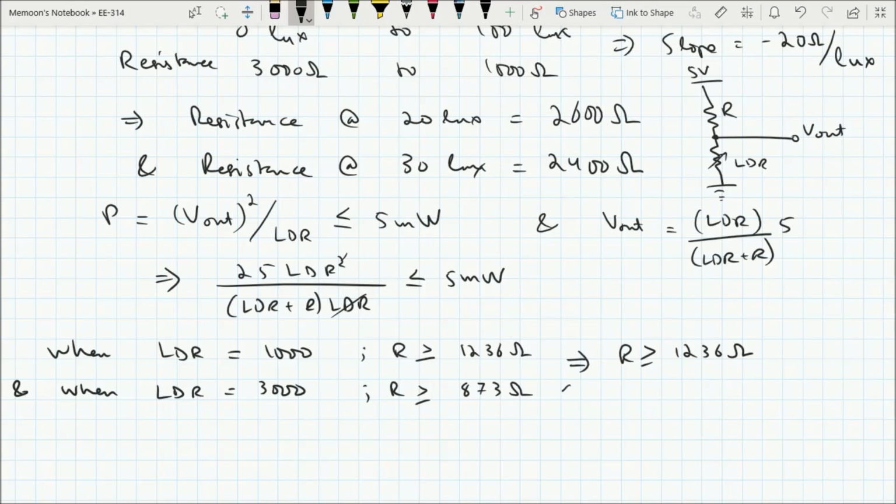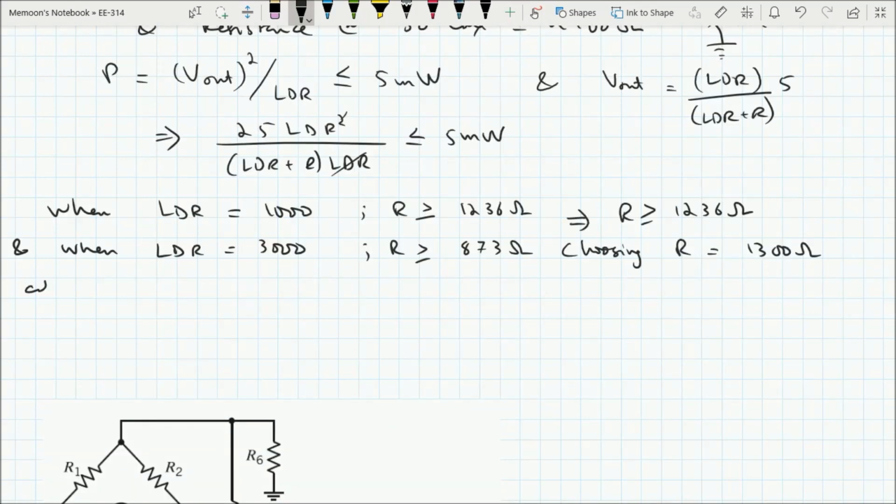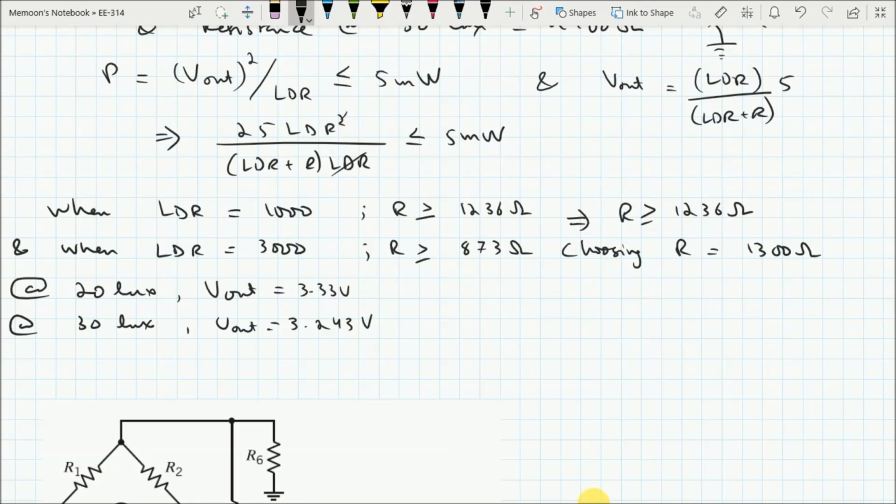So this means that we have to choose a fixed resistor whose value is greater than 1236 ohms. So choosing R is equal to 1300 ohms. This means that at 20 lux, V out is equal to 3.33 volts, and at 30 lux, V out is equal to 3.243 volts.